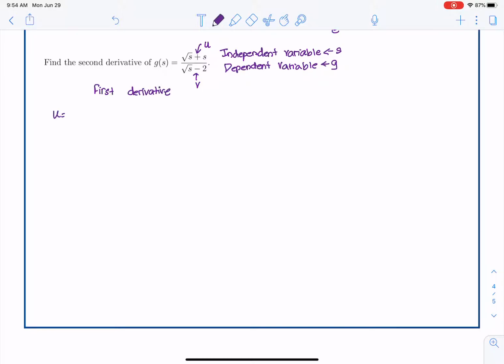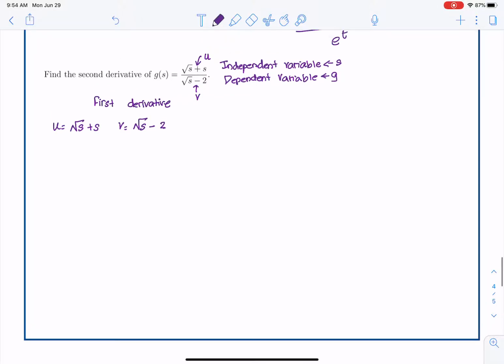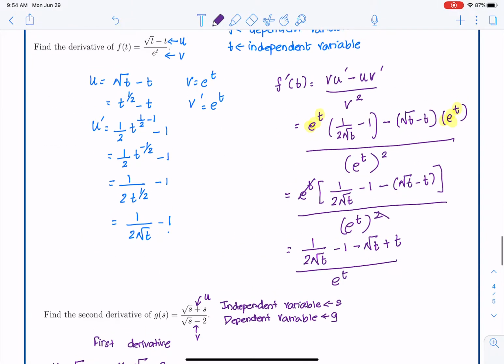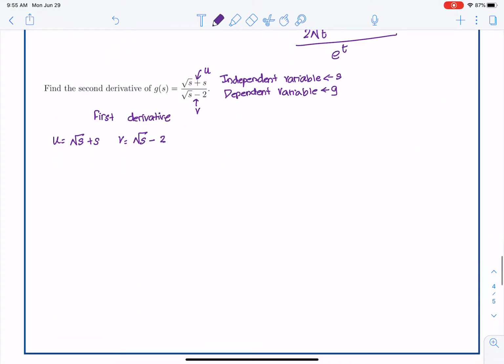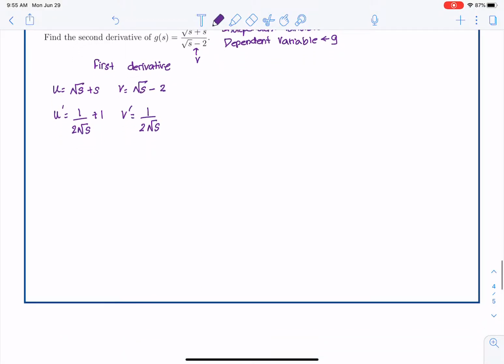U is square root of s plus s. V is square root of s minus 2. We have seen multiple times that the derivative of square root of t is 1 over 2 square root of t. So the derivative of square root of s is simply 1 over 2 times square root of s. The derivative of s is simply 1. Same argument applies. The derivative of square root of s is 1 over 2 square root of s. The derivative of negative 2 is 0.